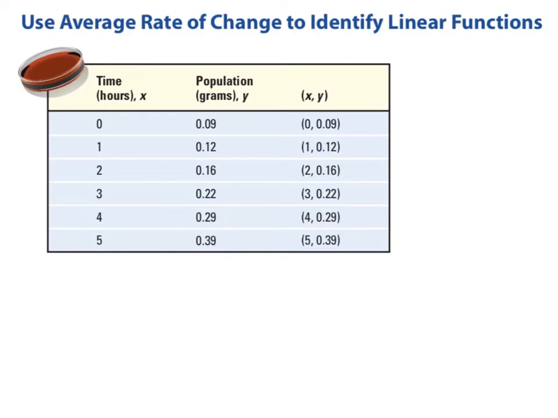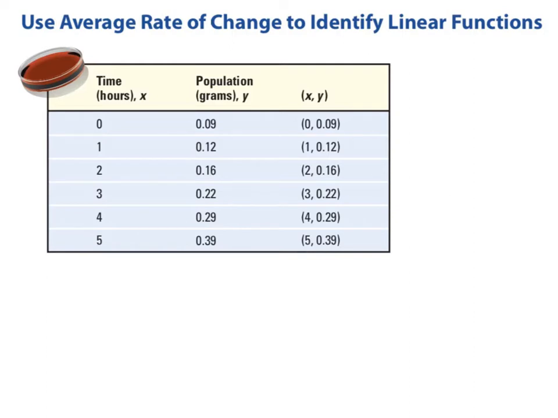Now let's take a look at 2 real-world examples and see if data collection tables represent a linear function or a nonlinear function. This data table represents a strain of E. coli and its population on a petri dish over a certain number of hours. Delightful.